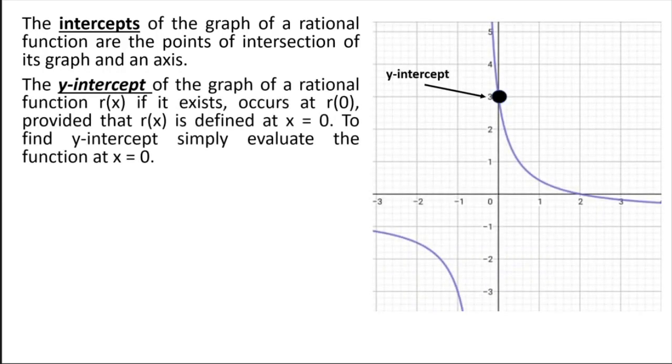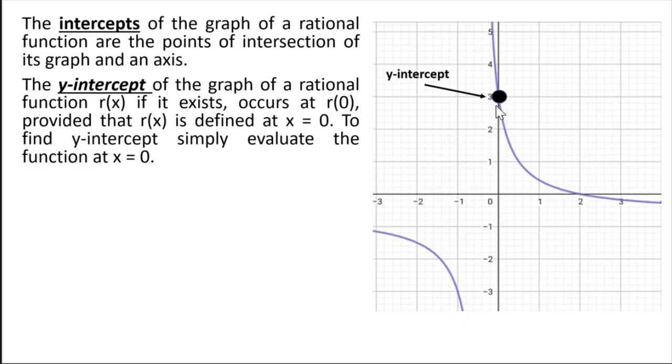The y-intercept of the graph of rational function r of x, if it exists, occurs at r of 0, provided that r of x is defined at x equal to 0. To find the y-intercept, simply evaluate the function at x equal to 0. Meaning, your y-intercept is the value of y when your x is equal to 0.